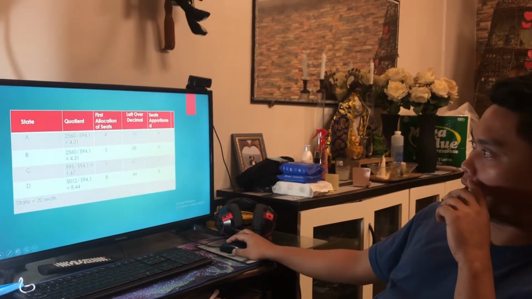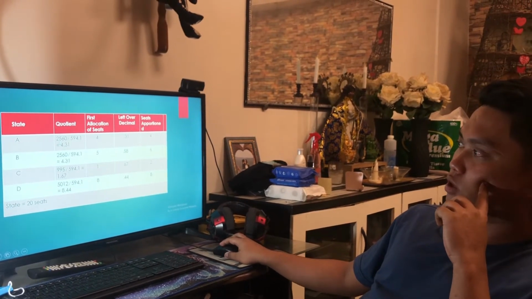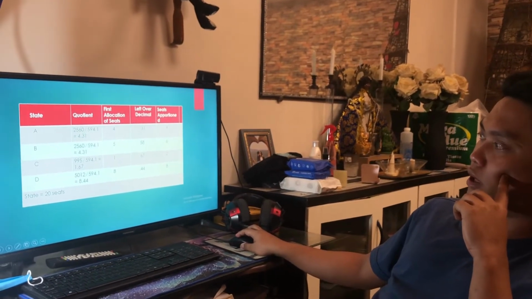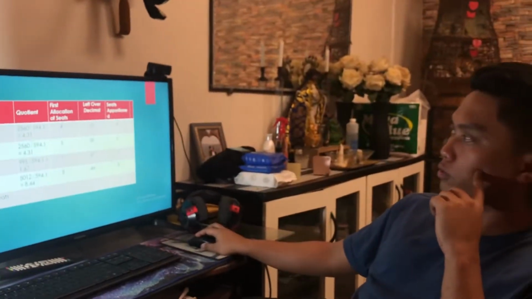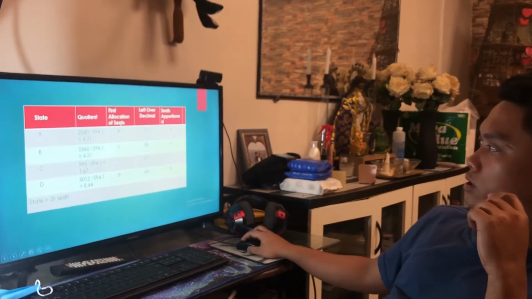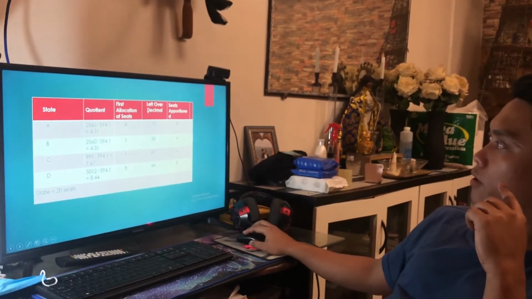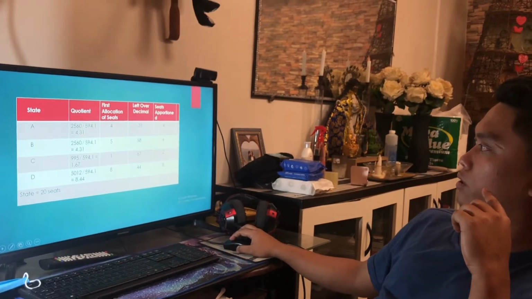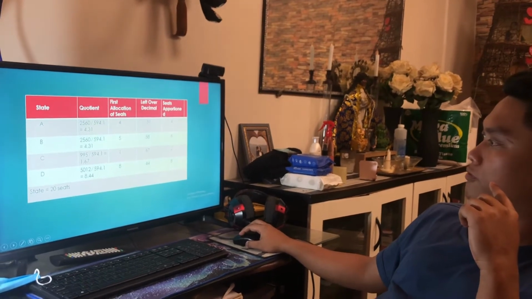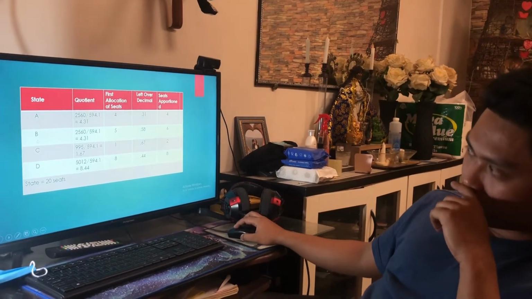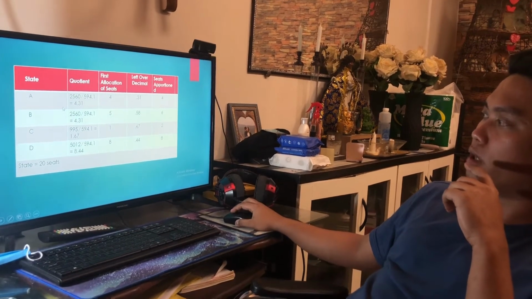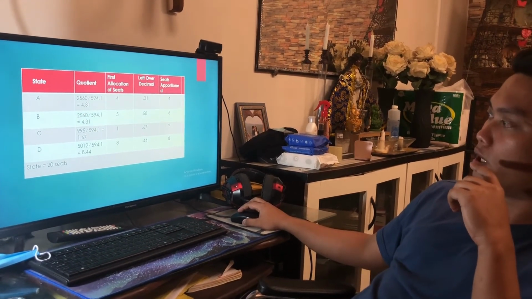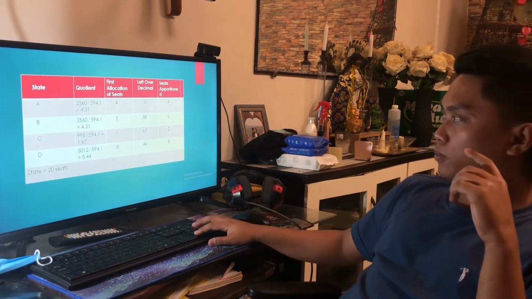State A has a quotient of 2,560 divided by 594.1, which equals 4.31. The first allocation of seats is 4, and the leftover decimal is 0.31. Seat appointed is 4. State B has 3,315 divided by 594.1, and the answer is 5.58.